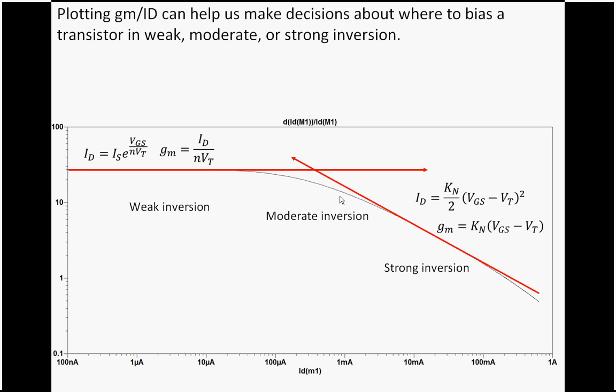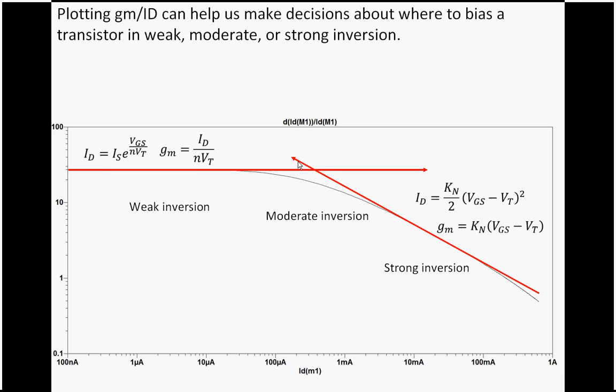Where it's starting to curve down is the moderate, and the strong is over here. And if I take 2 lines from strong and intersect it with the weak, right at that point, what's that? 200, 300, about 400 microamps would be right at moderate inversion.